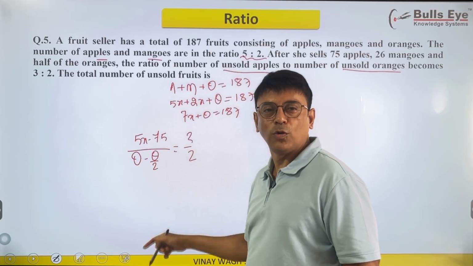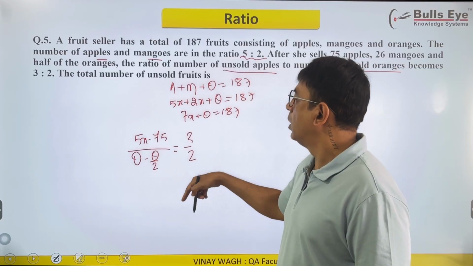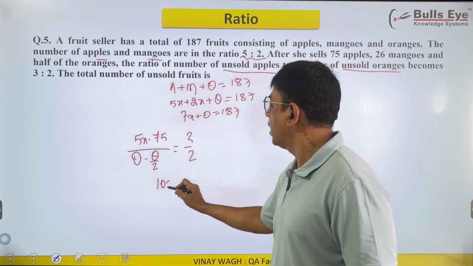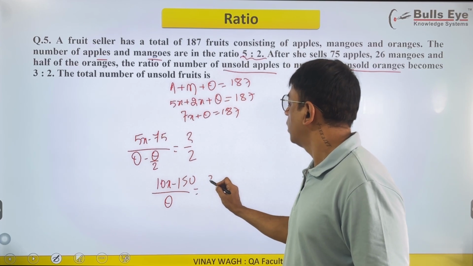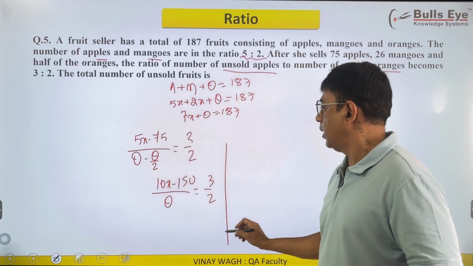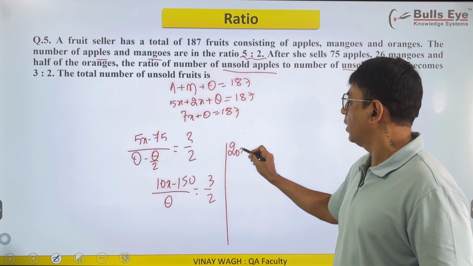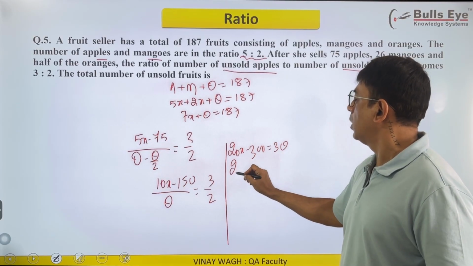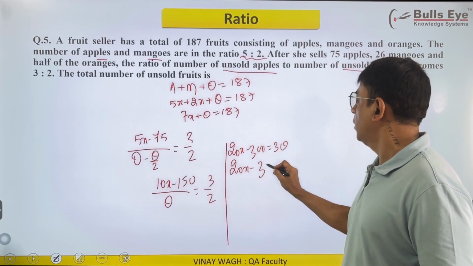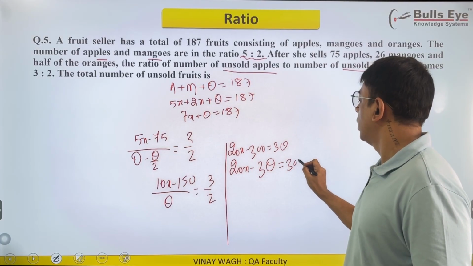So O minus O by 2 is O by 2. 2 goes up, that is 10x minus 150 divided by O, that is 3 by 2. So we get 20x minus 300 is equals to 3O, and 20x minus 3O equal to 300.